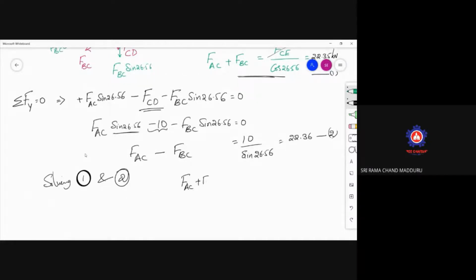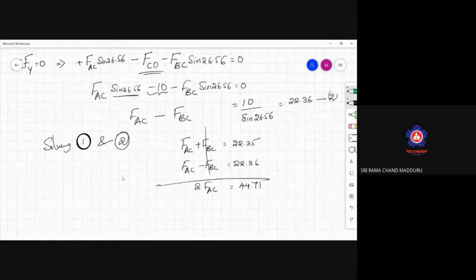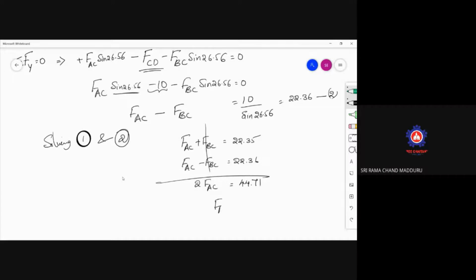FAC plus FBC is equal to 22.35. FAC minus FBC is equal to 22.36. So adding both, you will get 2 times FAC is nothing but 44.71, whereas FAC is nothing but 22.36.